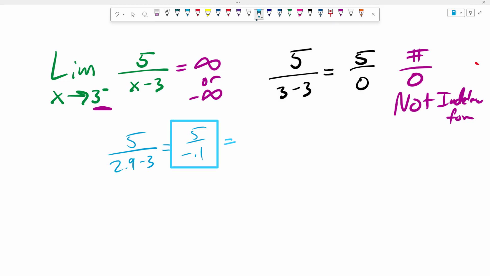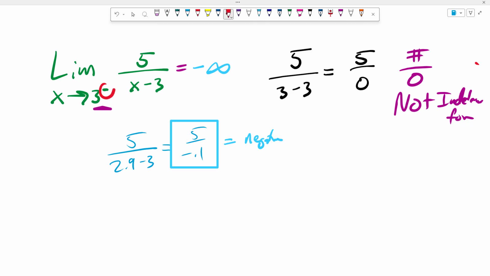Definitely negative. So what does that tell us? The answer is negative infinity. So again, anytime you do direct substitution and get a number over zero, the answer is going to be either positive or negative infinity. Sort of.